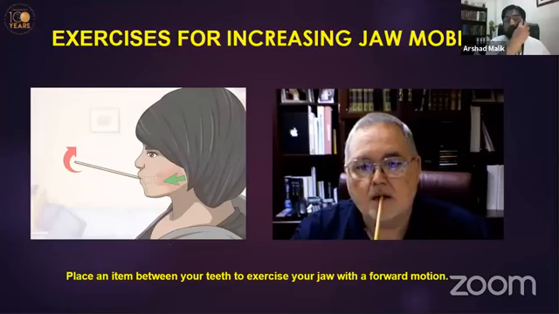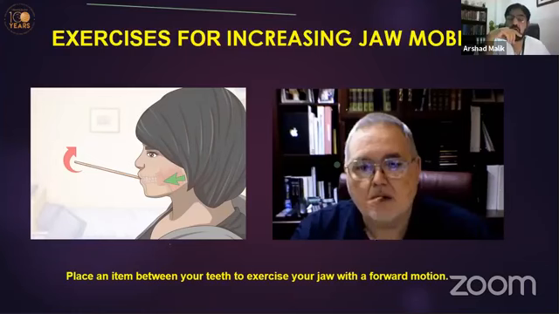This is a very easy exercise, the three-dimensional movement of the jaw in a very slow movement. You exercise your jaw with the forward motion. You slightly move your lower jaw forward, and you see that the pencil is coming up and down, and the jaw is moving forward, backward, forward, backward.